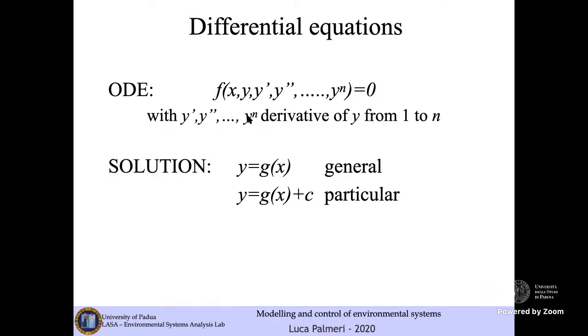Typically, the solution of this system may be written as epsilon equal to a function g of a vector of state variable x.